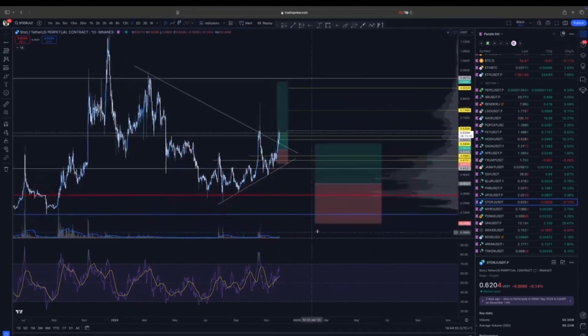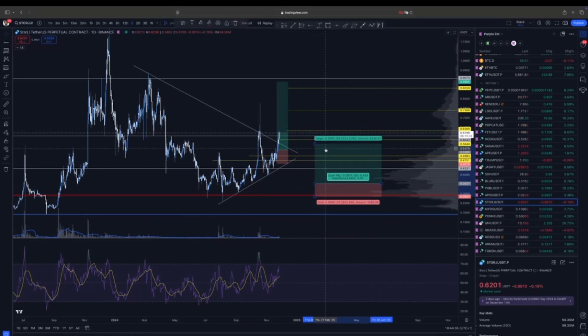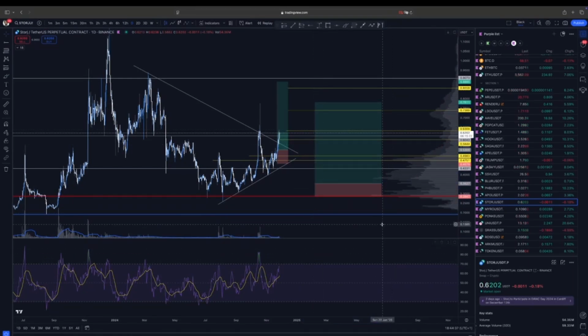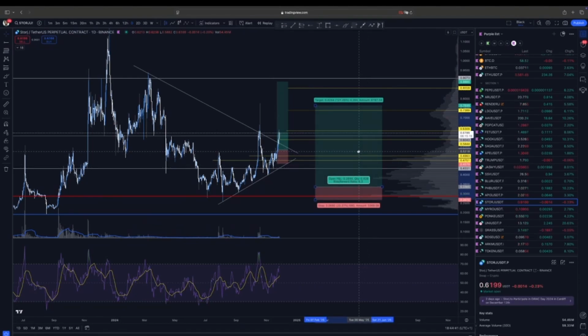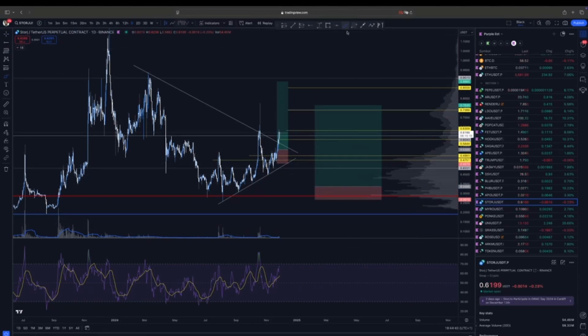Let's move over. For some reason, I decided I want to take a trade right here. Or right here, even. I have this big volume pocket right here, right? So I'm not saying that it won't work. What I'm saying is there's a lot of buy and sell volume here.